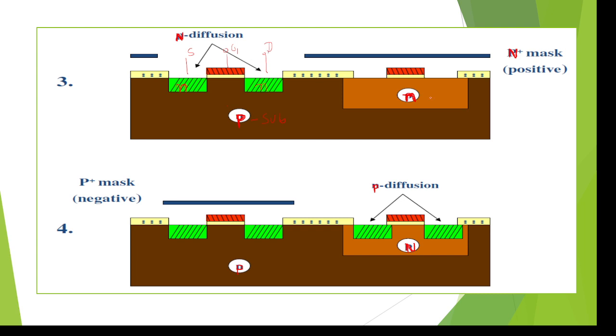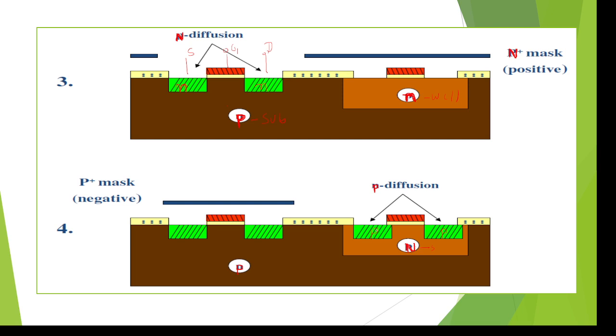Coming to the right side transistor, in the N-well we are going to design one more transistor. For that, again there is only one option. Since it is an N substrate, we need to diffuse holes here. By heating this material we are diffusing holes into the N substrate, or N well.